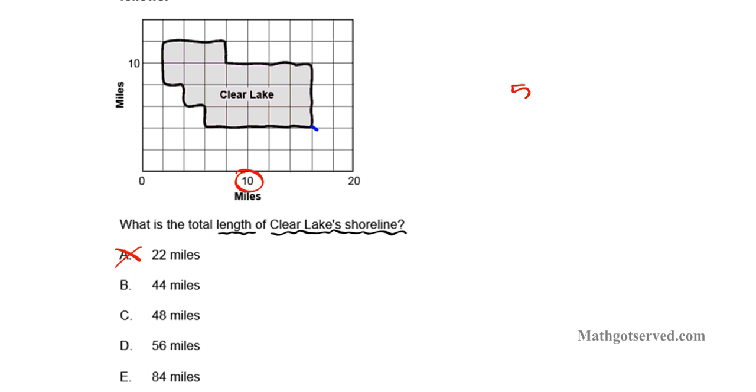So if 5 boxes equals 10 miles, what does that tell you each box is? So divide by 5, divide by 5. The side length of each box represents, I'm sorry, 2 miles. Okay? So every one box is 2 miles.